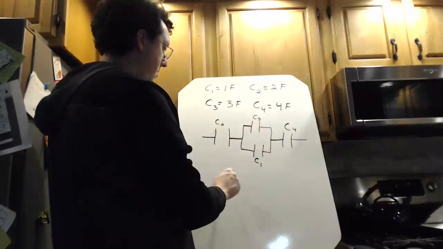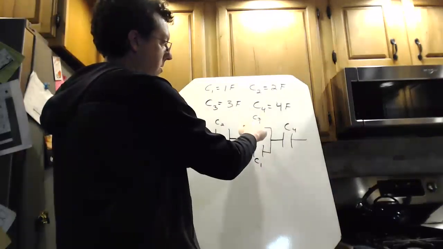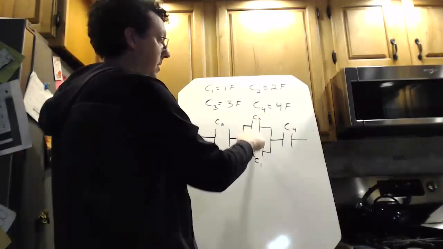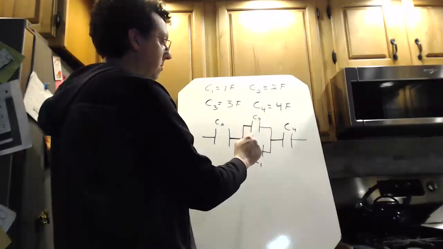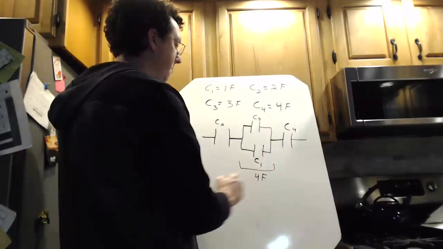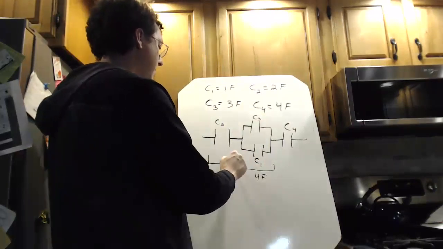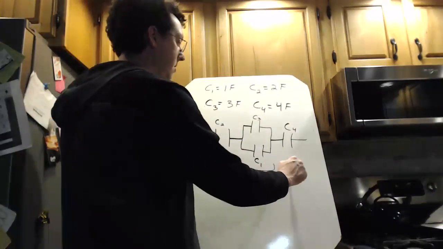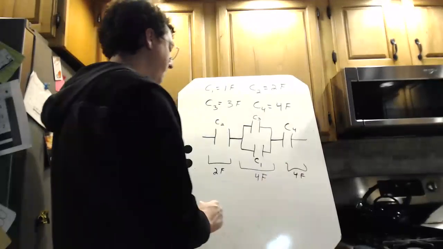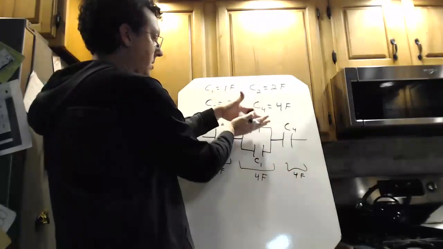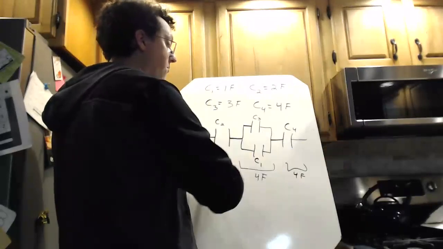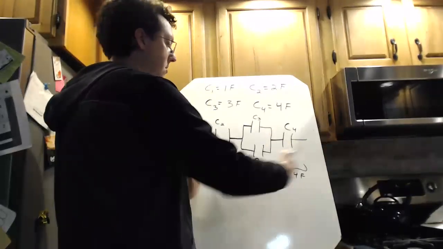This part is going to give me, so this was 3 and this is 1, so I add them together because in parallel I just add the capacitances, and this is like a single 4 farad capacitor. And then this is like a 2 farad capacitor, and this is a 4 farad capacitor. So I've effectively smushed these together to get 4. Now I want to use the formula for series on the resulting combination and add those.